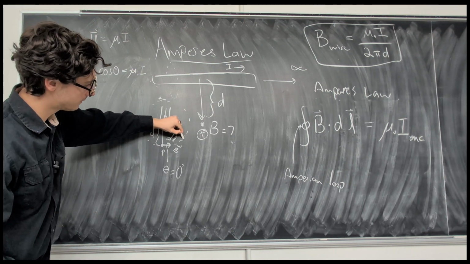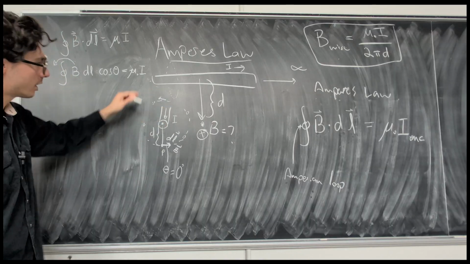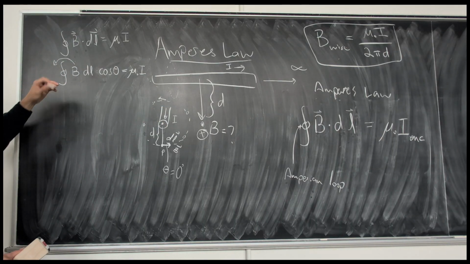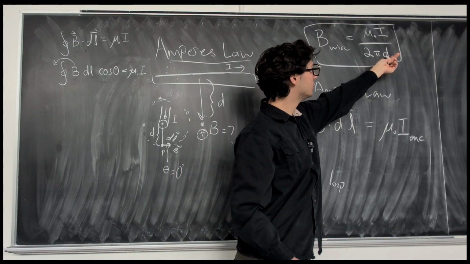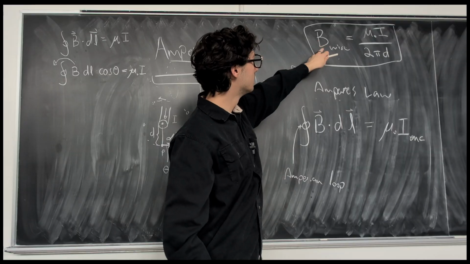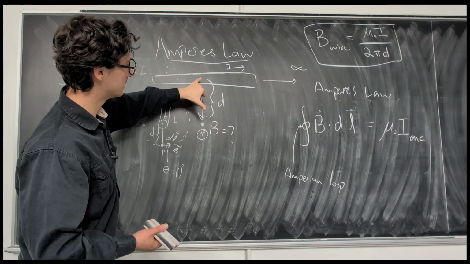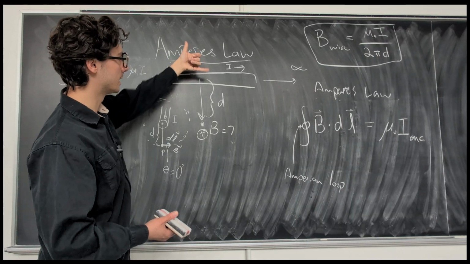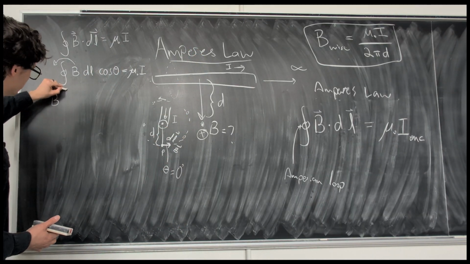So if I check here, here, here, everywhere around there, the magnetic field is equal, meaning it is constant. That makes sense because if we don't change d and we don't change I, this is always a constant. That tells you the magnetic field around the wire is the same everywhere around the wire. So for that reason, we can pull this out.